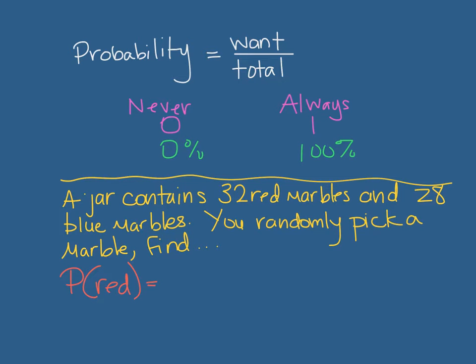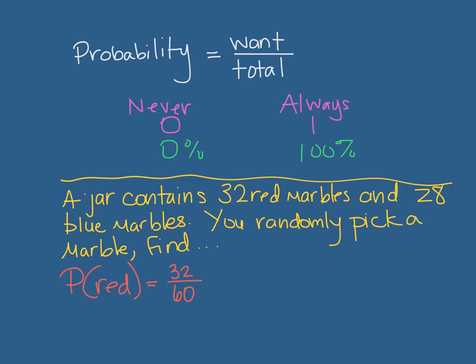So I want red. There's 32 of those. And I need to know my total. Well, if there's 32 red plus 28 blue, that makes 60 marbles altogether. So 32 out of 60 is my probability. In order to compare that easily, I would want to simplify that fraction.